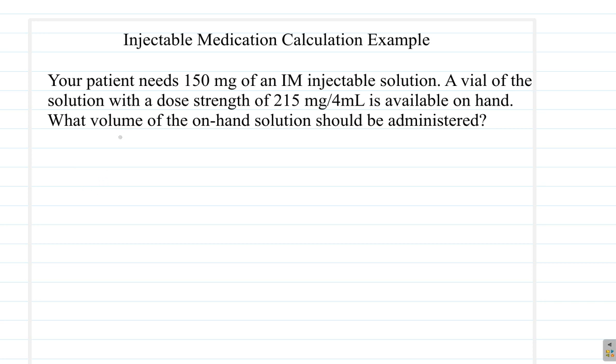What you could do, you could say here, if you have 215 milligrams out of every 4 milliliters, how many milligrams are there in 1 milliliter? What you do is divide. You have 215 divided by 4. There is 1 four in 4.